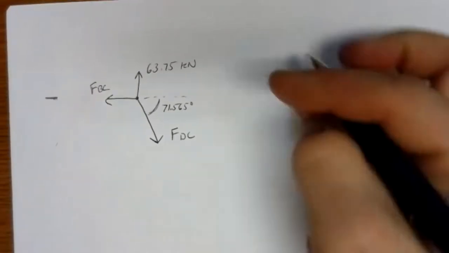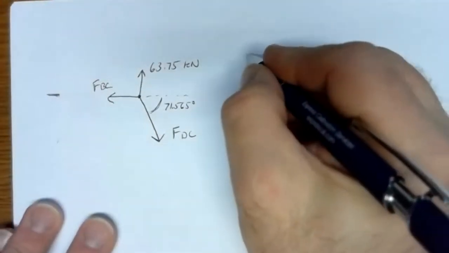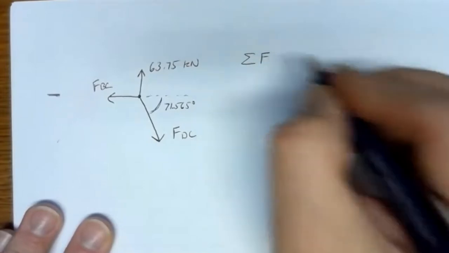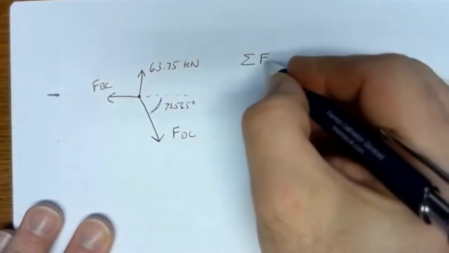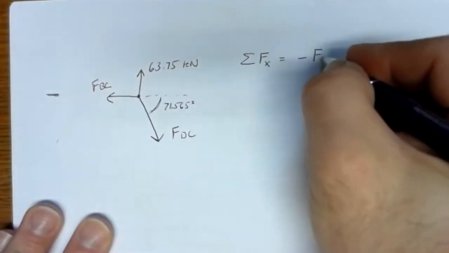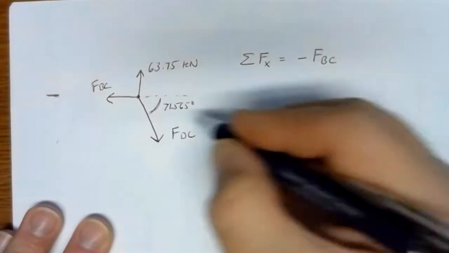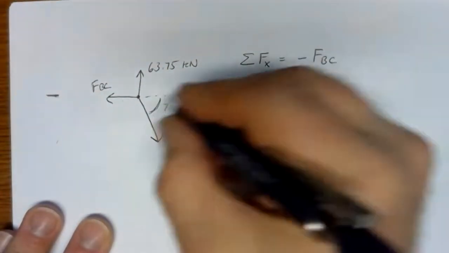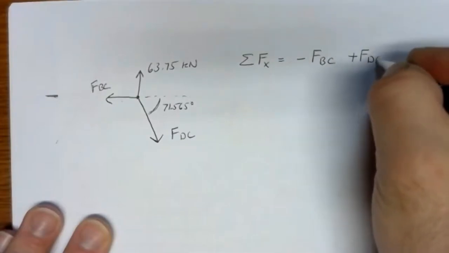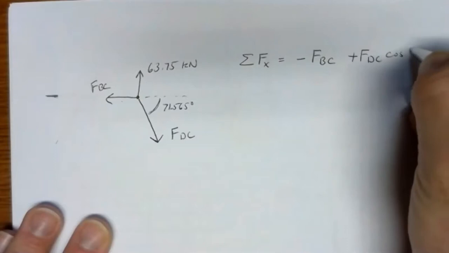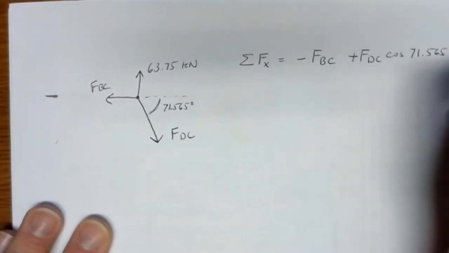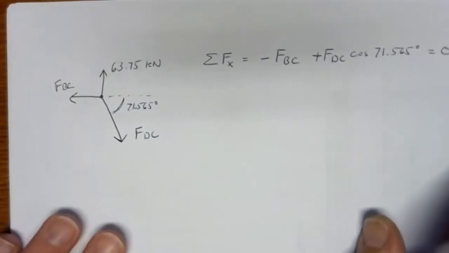So let's go ahead and work out our sums there. It should be substantially the same as working with joint A, same basic equations. So the sum of forces in the x direction, we've got all of FBC, but that's to the left. And we've got a piece of FDC. It's the horizontal piece, the adjacent side. So we have FDC cosine 71.565 degrees, and that equals 0.